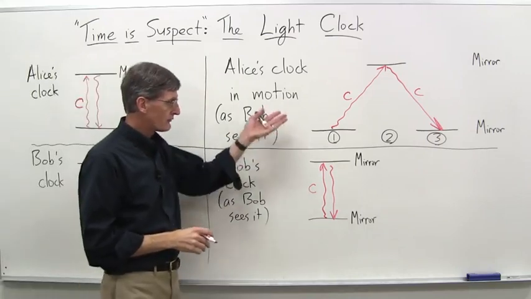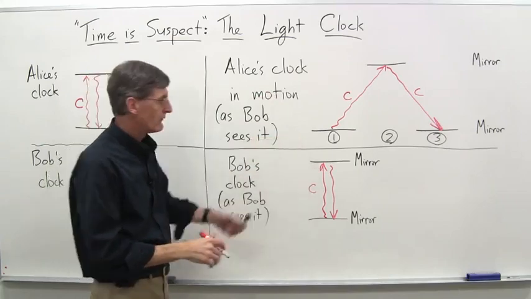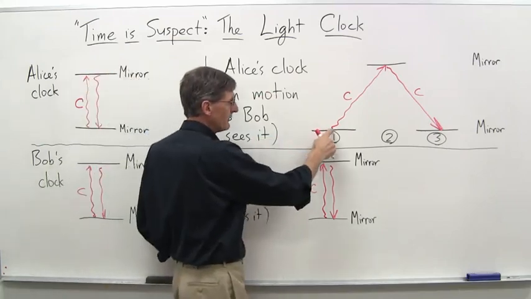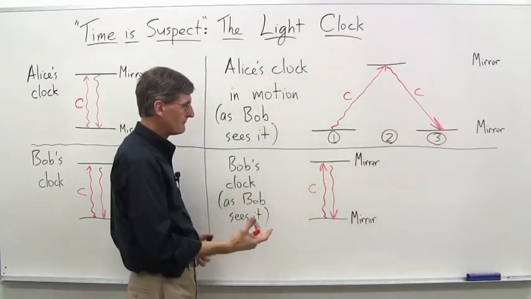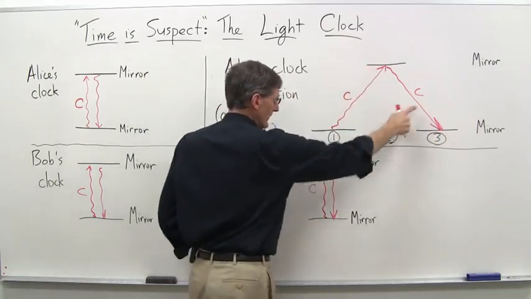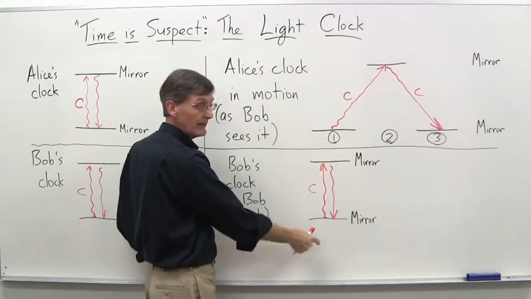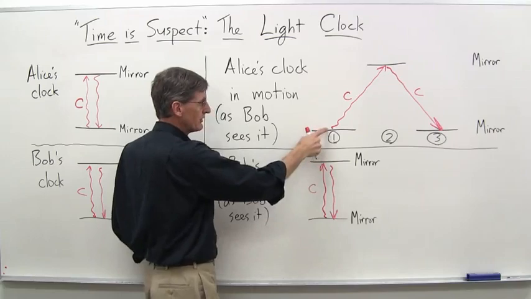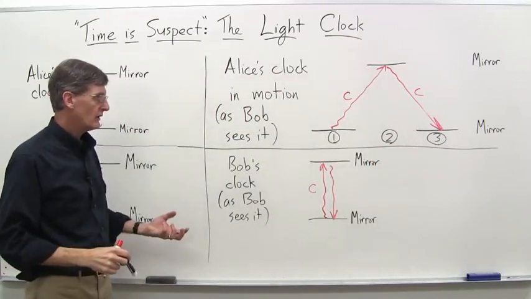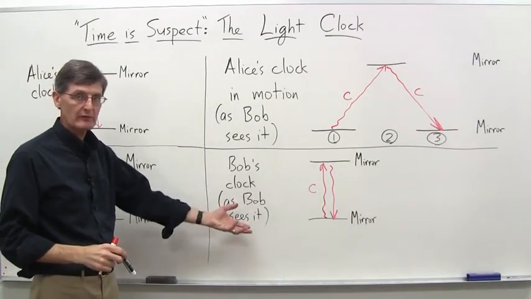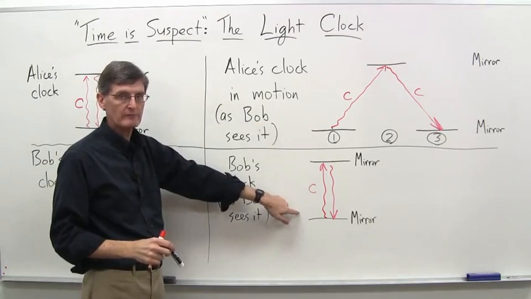And therefore, right off the bat, we can say that that's a longer path for Alice's light beam to get from here up to there and down again, and then the tick occurs. It's a longer path at the same speed, compared to Bob's clock, where his light beam is just going up and down, up and down. Alice's takes longer to get there and longer to get back down again. What we're seeing here is that from Bob's perspective, Alice's clock is running more slowly than his clock.